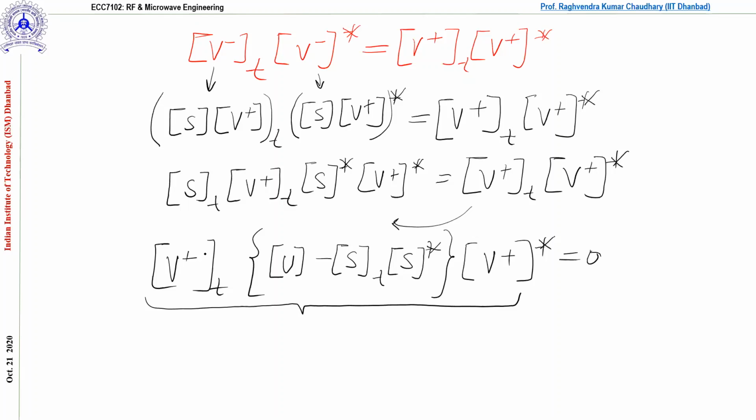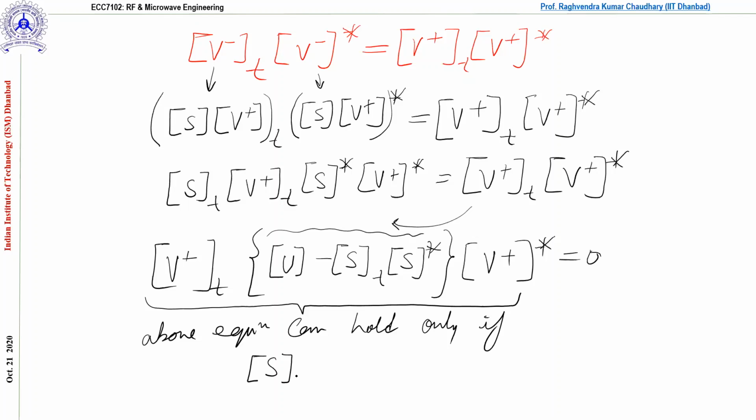But mathematically this portion may be 0. So a possible condition we may obtain from this equation: the above equation can hold only if S transpose S star is equal to U.